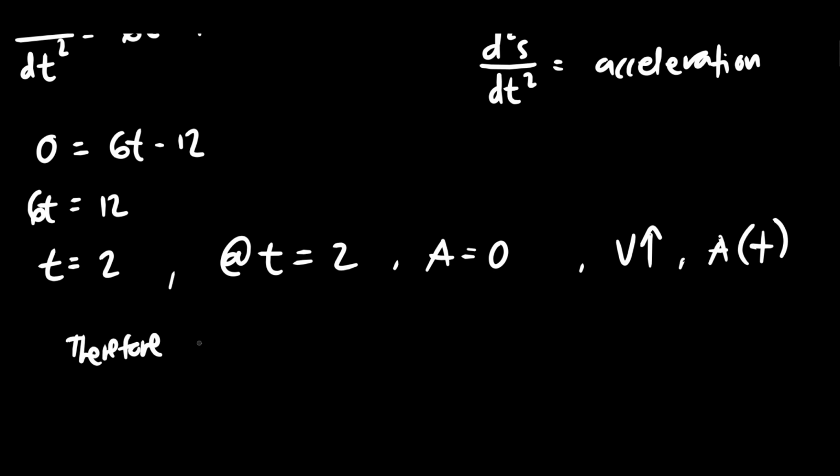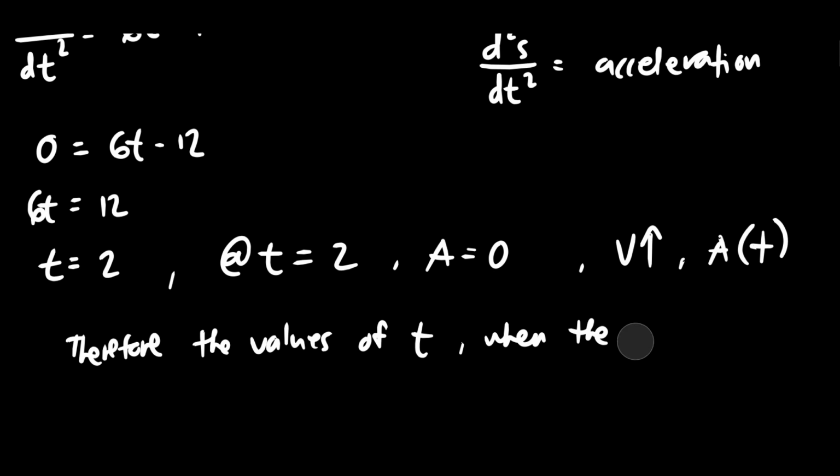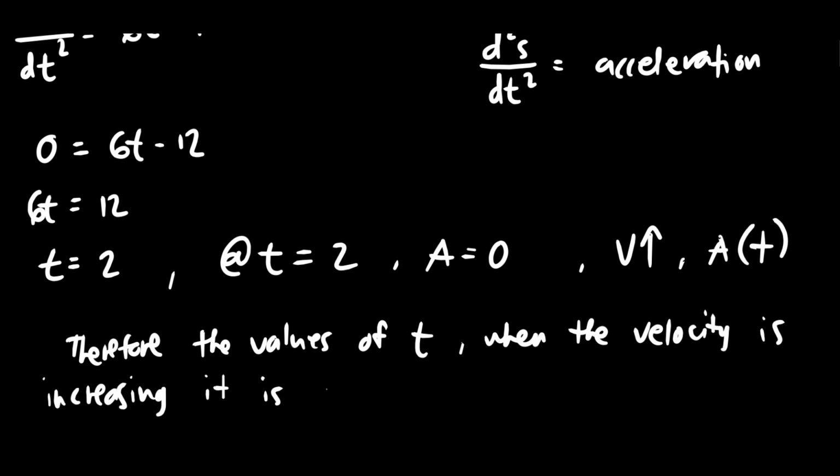Therefore, the values of t when the velocity is increasing are at t greater than 2.